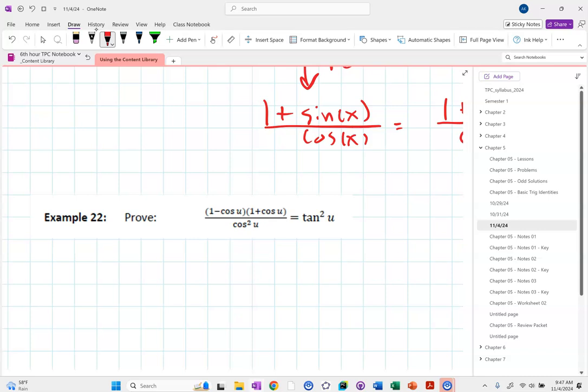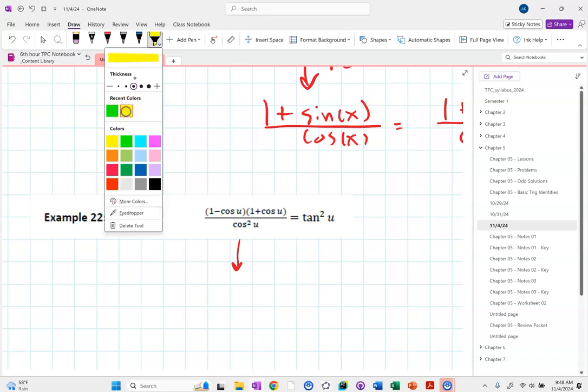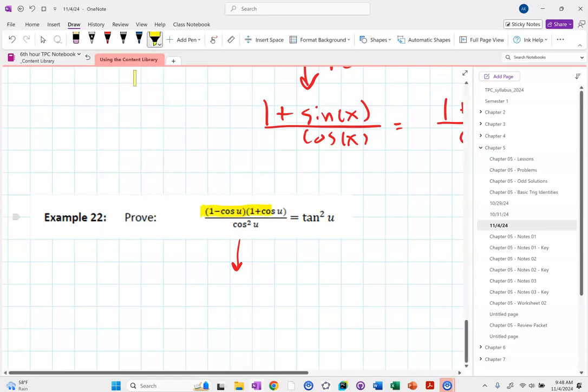All right, if I look at this one, what's the more complicated side, left or right? Left. No one would argue with that, right? The left-hand side has clearly got a lot more going on than the right-hand side. What do you think we should do as a first step here? Well, if I look at the numerator, what do I see?